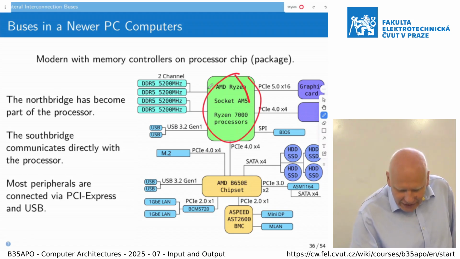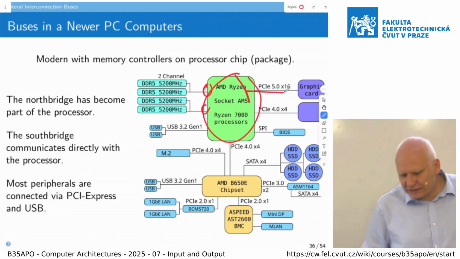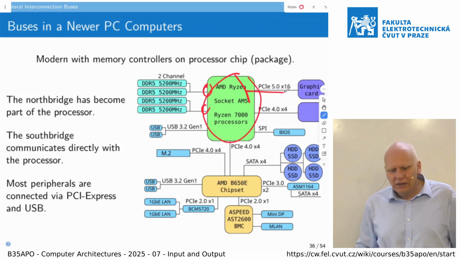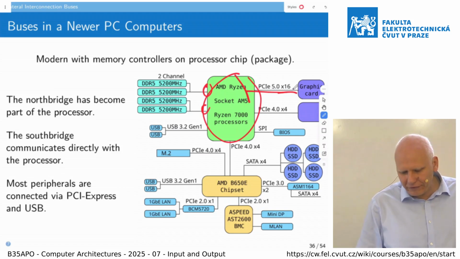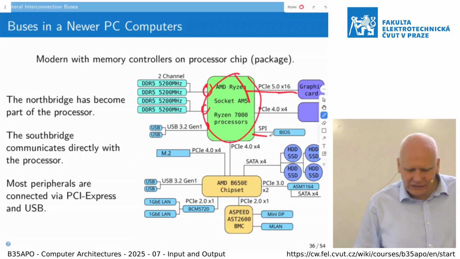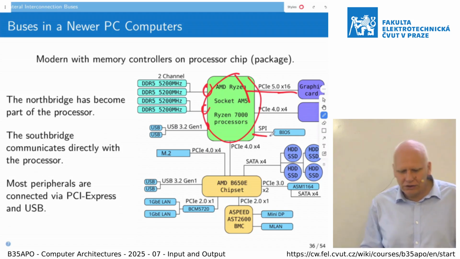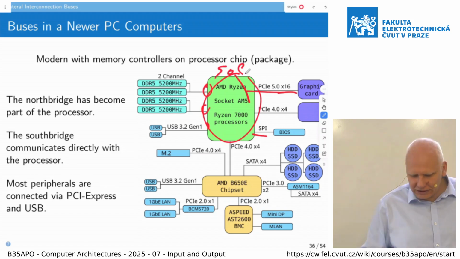And there is directly the memory controller, usually for multiple channels. Then there are PCI Express controllers and the communication to connect the graphic card and some other devices. And even the USB and some stuff is sometimes directly on that system on chip, which is a PC processor.